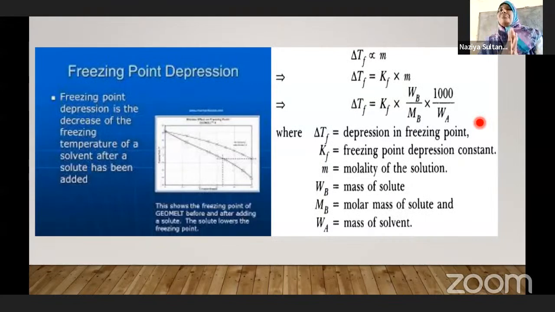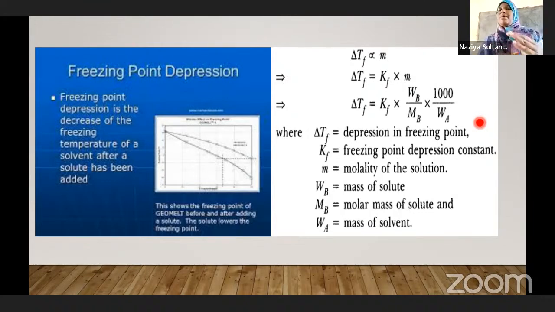Next is freezing point depression. What is freezing point depression? When we compare the solvent and the solution, water and salt water, water would freeze at 0 degrees, whereas salt water would freeze at lower than 0, that means minus 1, minus 2 it can be.